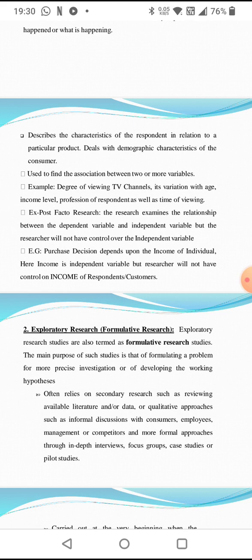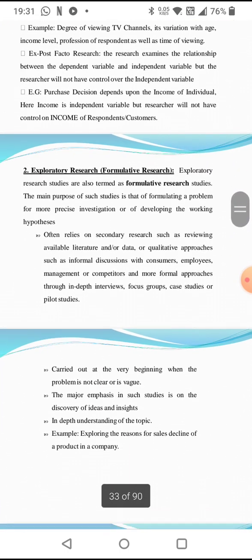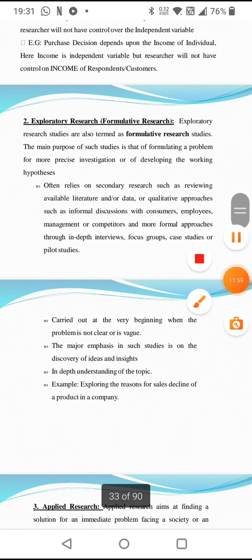It can also deal with demographic characteristics of the customer or consumer, and is used to find the association between two or more variables. In post facto research, it examines the relationship between dependent variable and independent variable, but he will not have control over the variables. So this was about the descriptive research study.